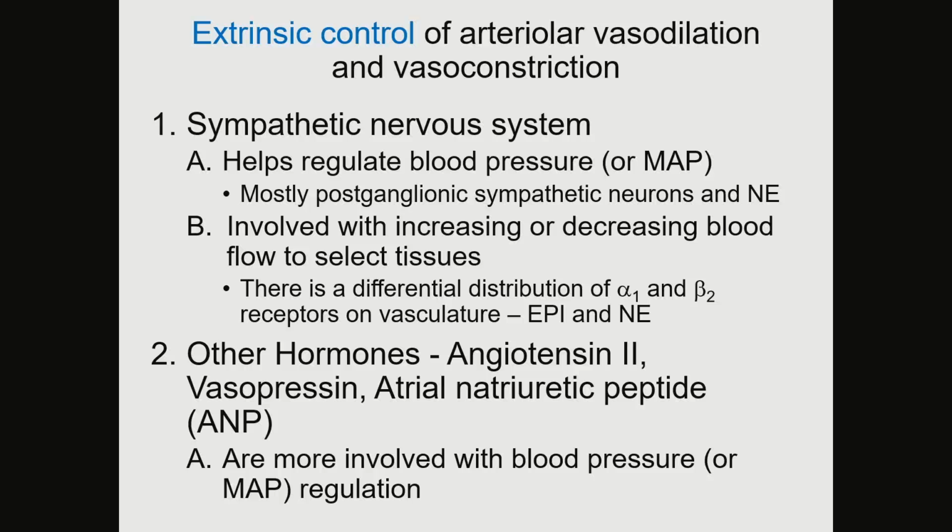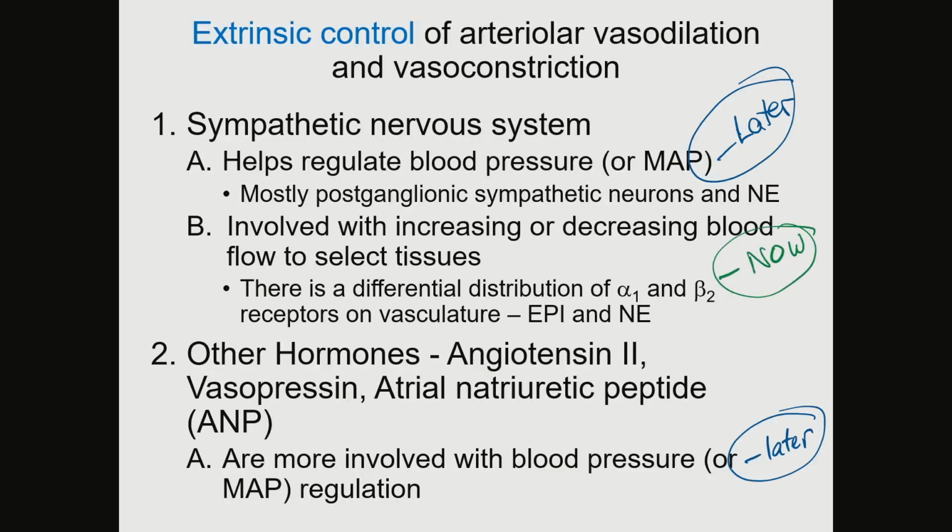And sympathetics are involved with, obviously, regulating our mean arterial pressure, okay? We have also other hormones, lots of other hormones that are involved with regulating our mean arterial pressure, and we're going to talk about that stuff later. What we're going to focus on right now is how our sympathetic nervous system is involved with increasing or decreasing blood flow to selected tissues, okay?